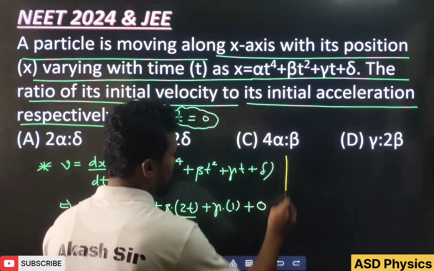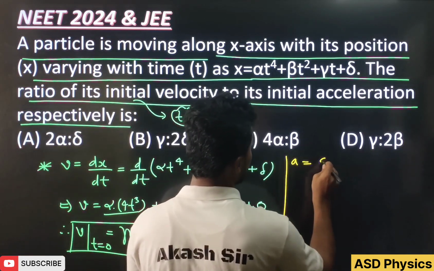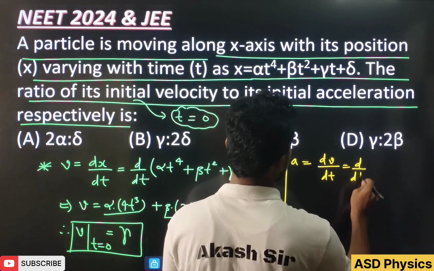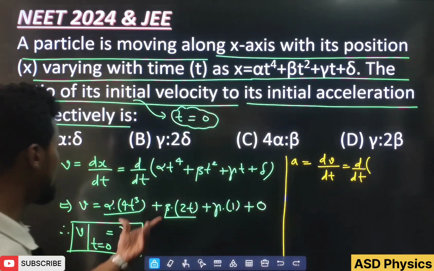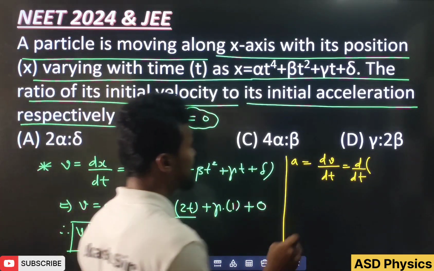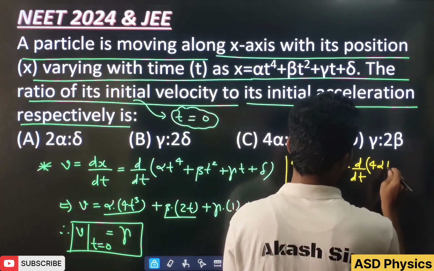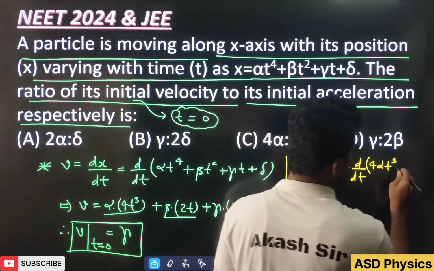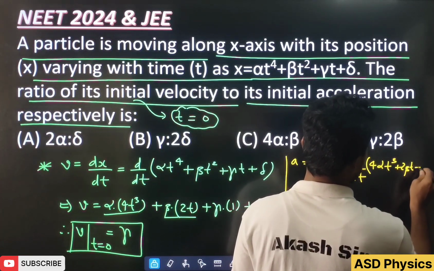Now after that we'll go for the acceleration. Acceleration means a equal to dv by dt. So d by dt of the velocity we have got, which was 4 alpha t cube plus 2 beta t plus gamma.